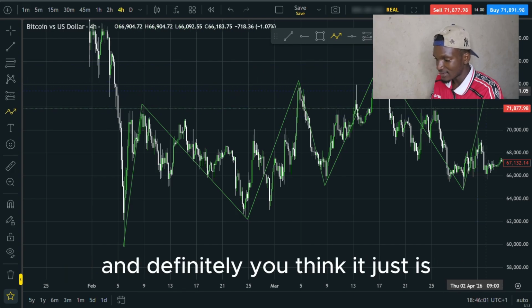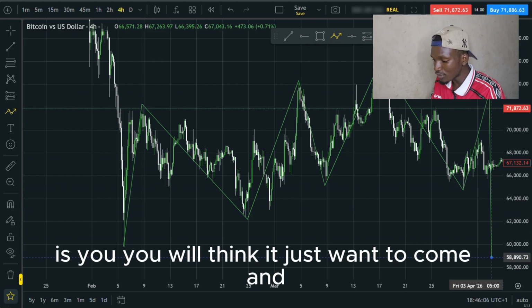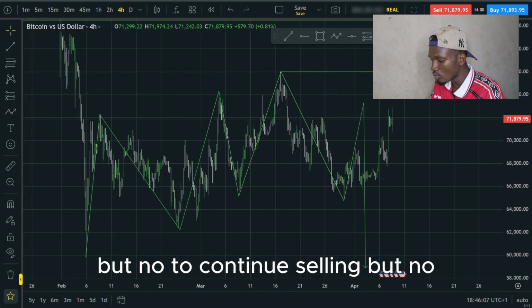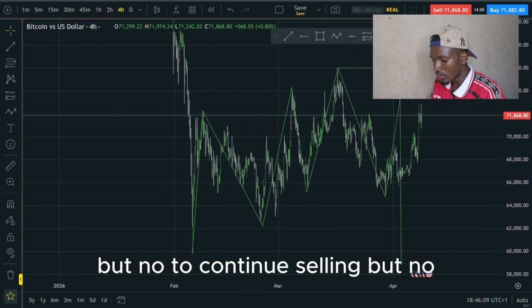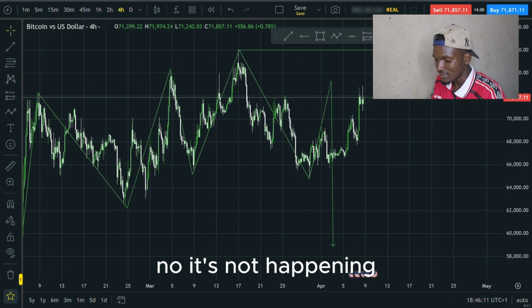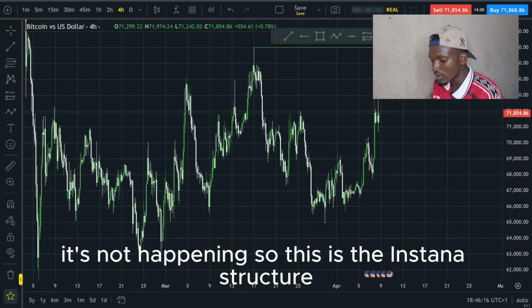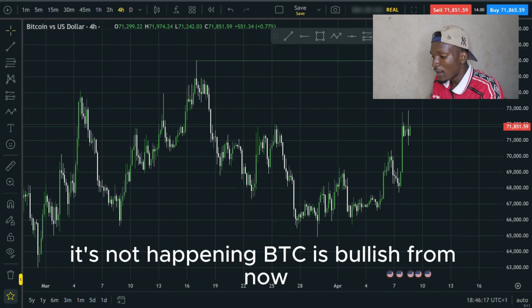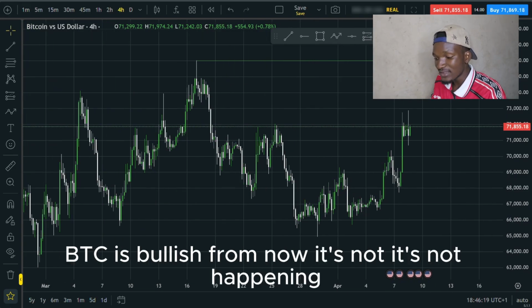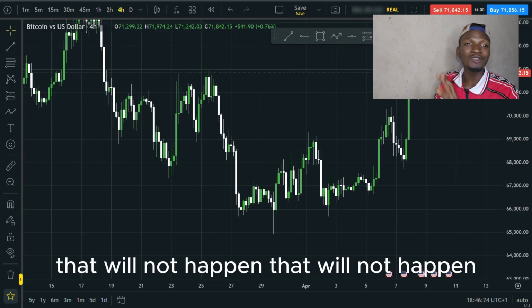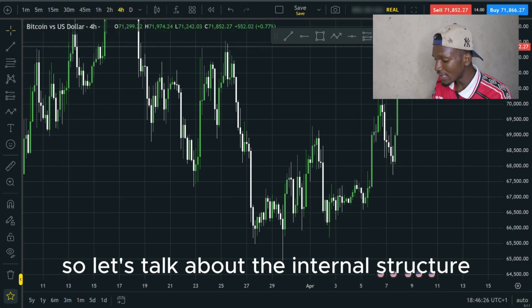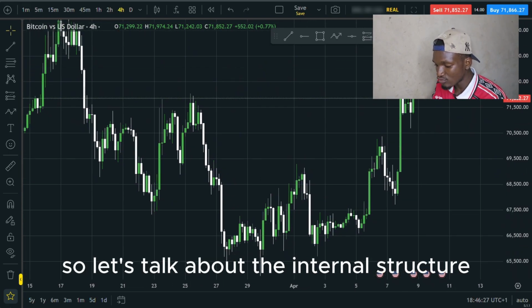Definitely you would think it just wants to respect this area here and continue selling, but no, it's not happening. So this is the external structure. BTC is bullish from now. That was not happening, guys. So let's talk about the internal structure.